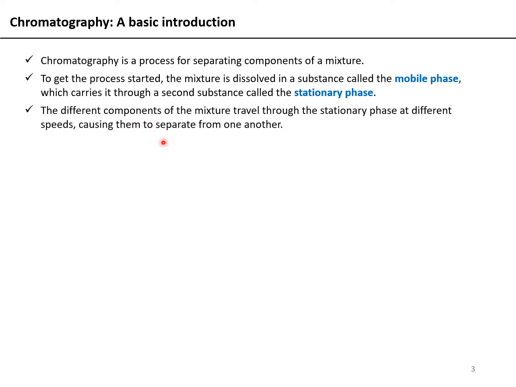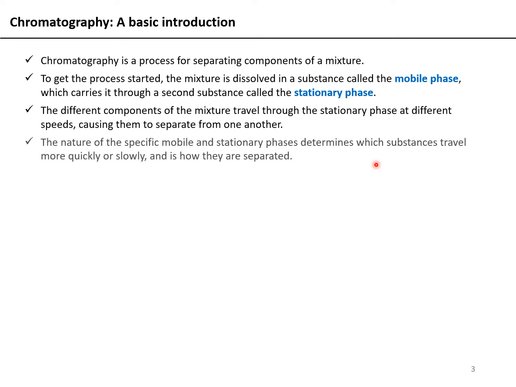So the different components of the mixture travel through the stationary phase at different speeds, which causes them to separate out from one another. So what is the basis of separation? It's a difference in their migration speed. Now, this difference in migration speed can depend on a number of different factors, and depending on what kind of chromatography we are performing, this deciding factor varies.